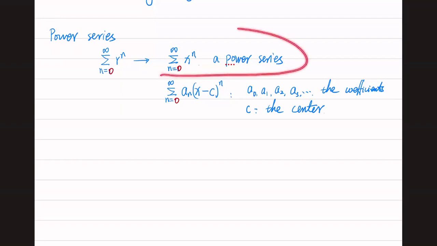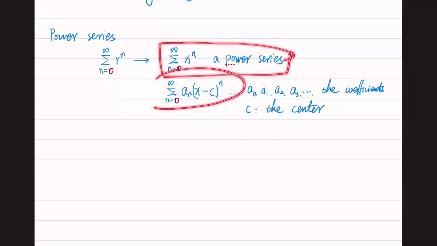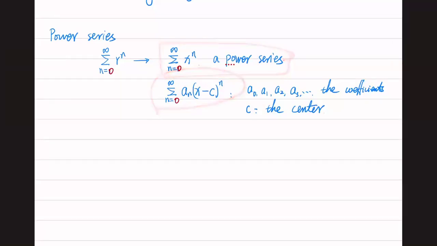As a function, the very important step is to figure out the domain, the domain when this converges, the domain when the function is defined. Here we call it the interval of convergence.